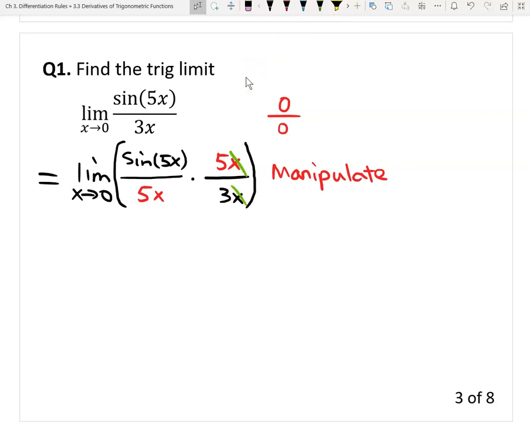This x we cancel, and 5 over 3 is a constant number. We have a limit law, right? The constant multiple law. We take this constant number out. So now we can use the limit law.